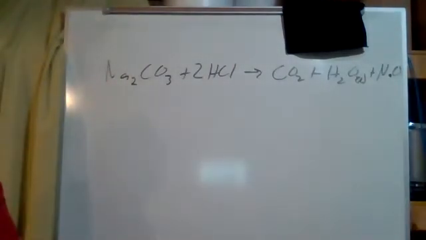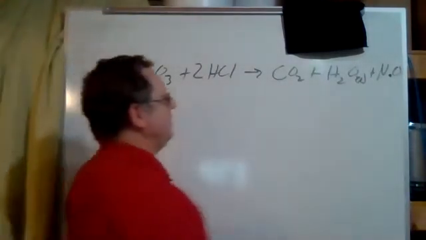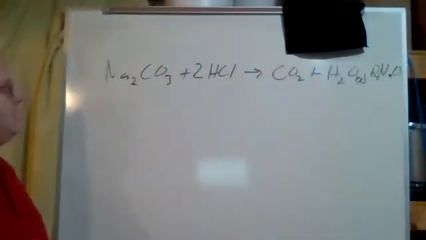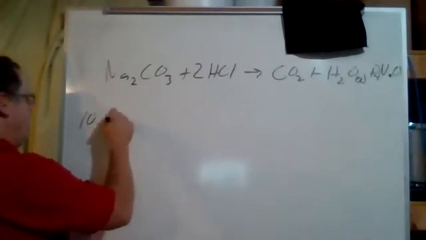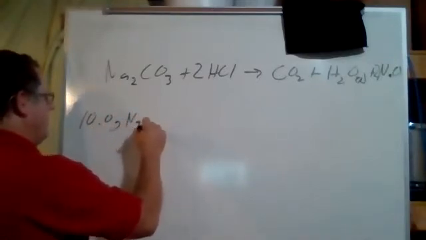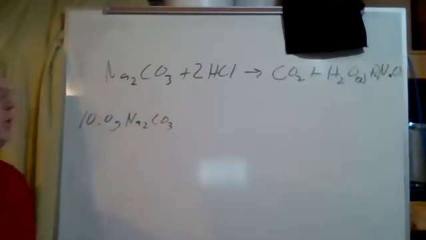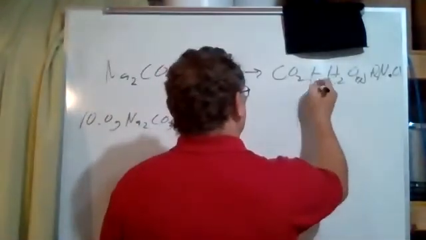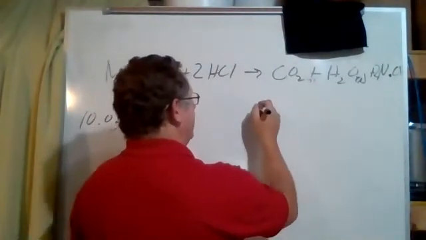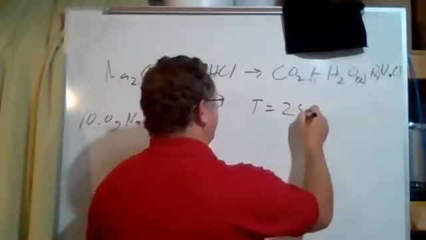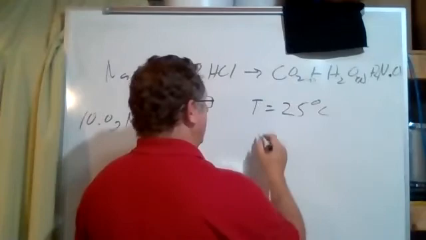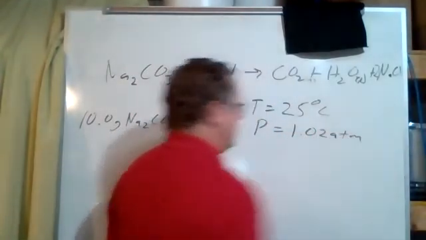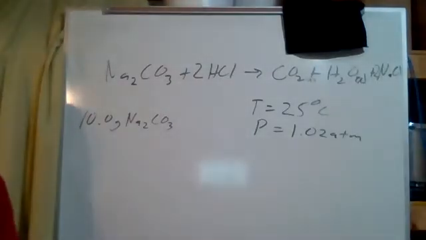And when I balance this reaction, I need 2 of these here. But what's important, I have here. Now, let's say I have 10.0 grams of sodium carbonate. How much carbon dioxide am I going to get? What volume if the temperature is equal to 25 degrees Celsius and the pressure is equal to 1.02 atmospheres?